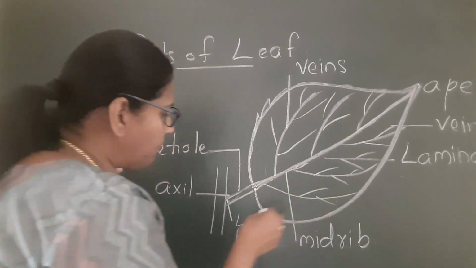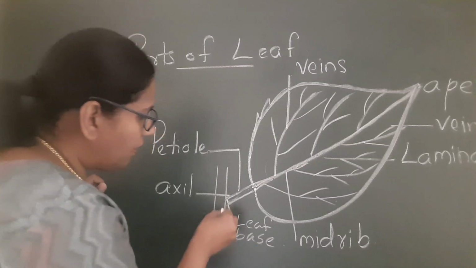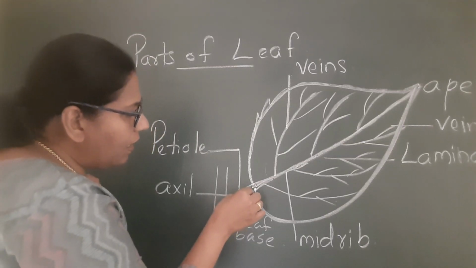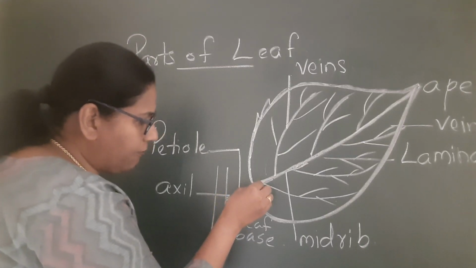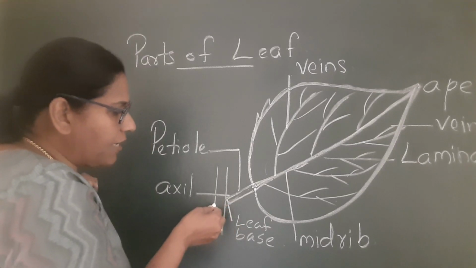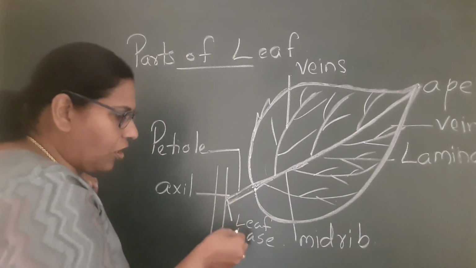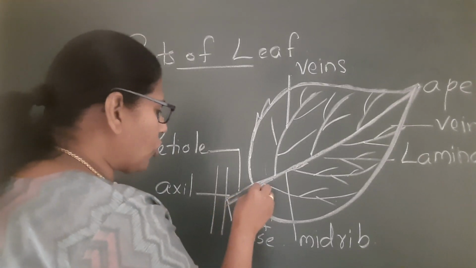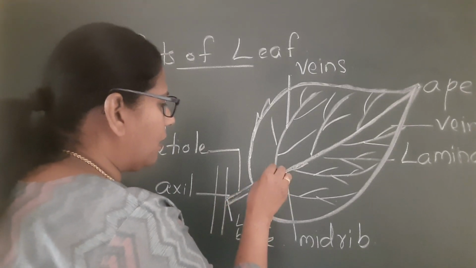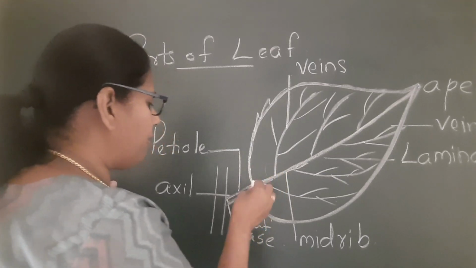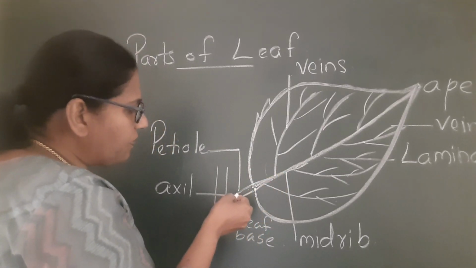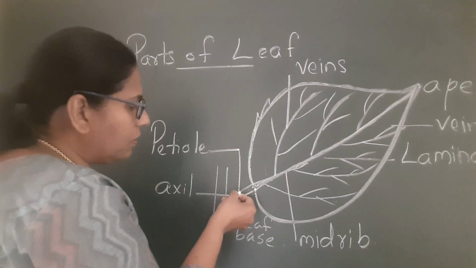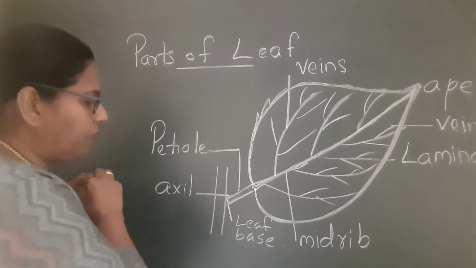The second part is leaf base, the stalk of the leaf where it is attached to the stem. Then the stalk to which the lamina is attached is called the petiole.